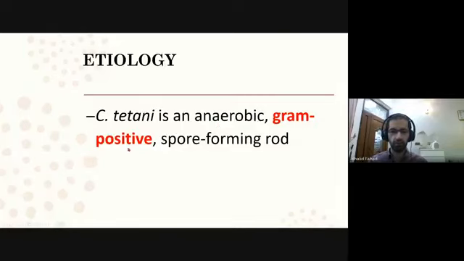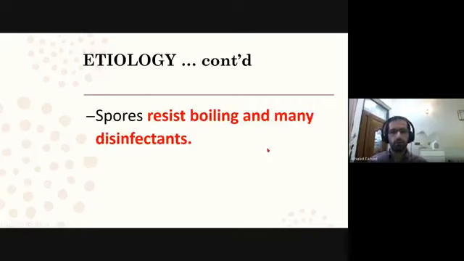It is an anaerobic, gram-positive, spore-forming rod. Unfortunately, spores resist boiling and many disinfectants, so we cannot get rid of these spores, which are the mode of transmission and the cultivation mode for this disease. Spores resist boiling, so they will not be killed by boiling and many disinfectants, like alcohol, for example.